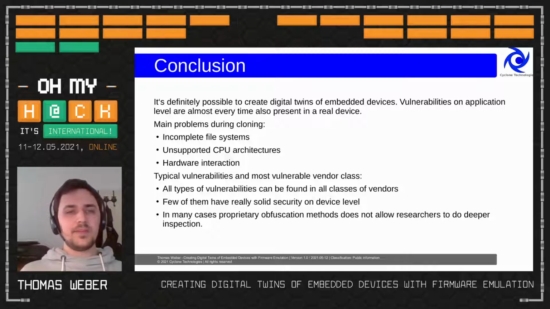And of course, vulnerabilities were found during emulating all of the firmwares, and you had all of them. You had cross-site scripting, cross-site request forgery, sometimes even buffer overflows, command injection, and for all kinds of vendors. Sometimes, and that's really rare, you have vendors which have a really hardened firmware, a really hardened system.